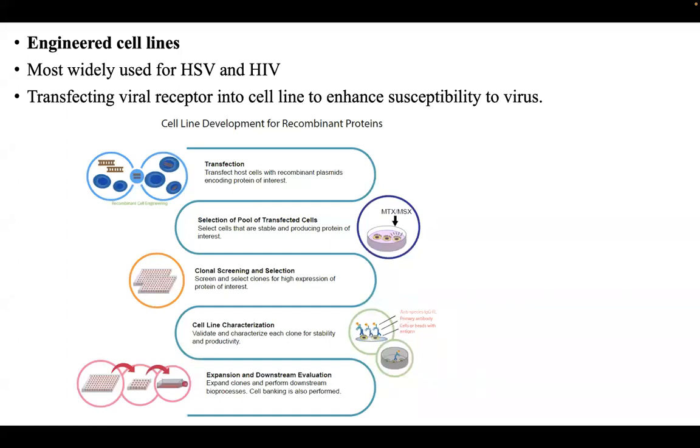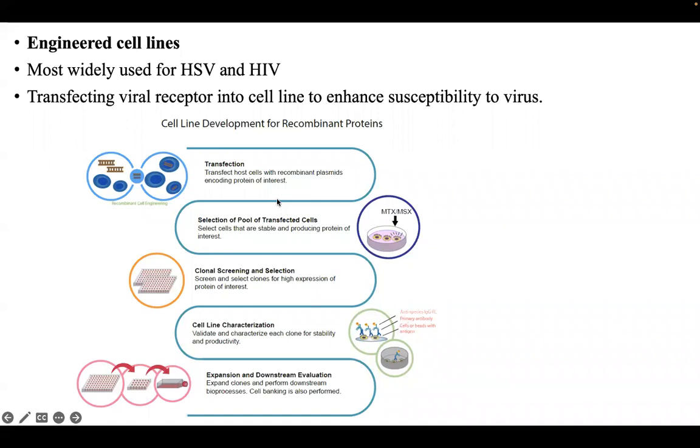So for example, if you have a cell line that you'd want your virus of interest to infect, but this cell line is not expressing a viral receptor that this virus would use to infect it, you can introduce this virus receptor by transfecting the cells.